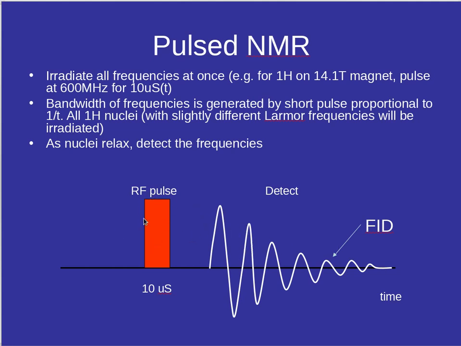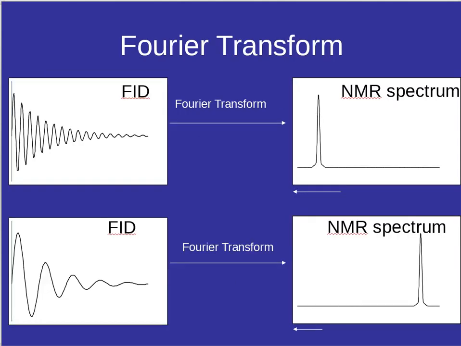If we do this pulse and detect, the technique that is used is the Fourier Transform. I can see in this signal coming from the NMR that there is what appears to be a pure frequency. You can see the wavelength is constant all the way through.